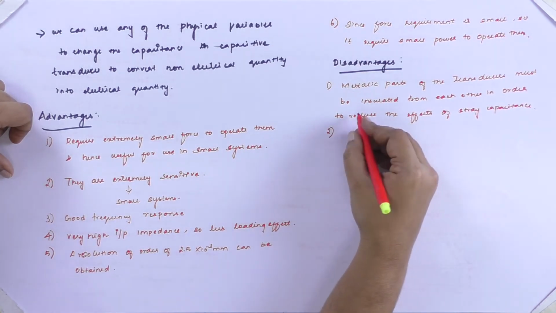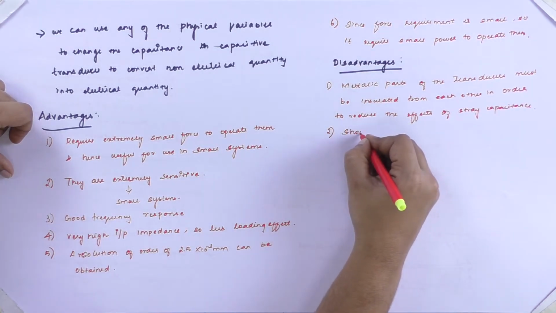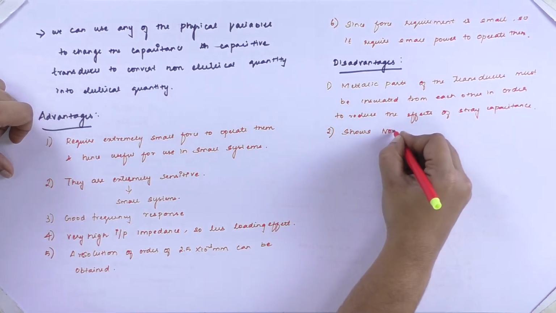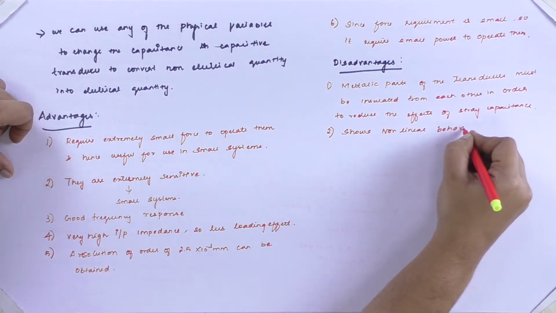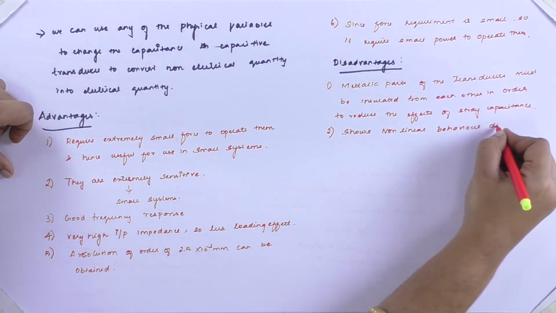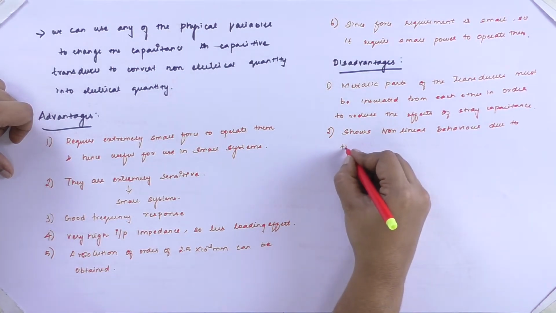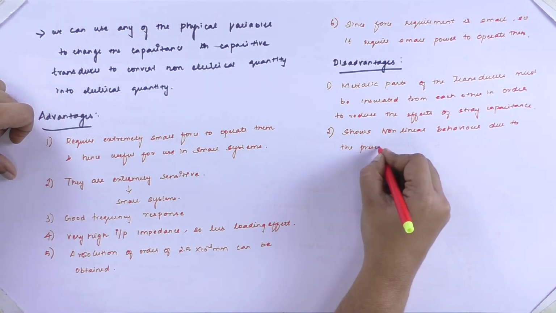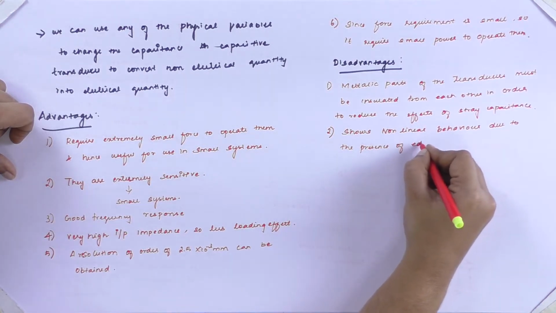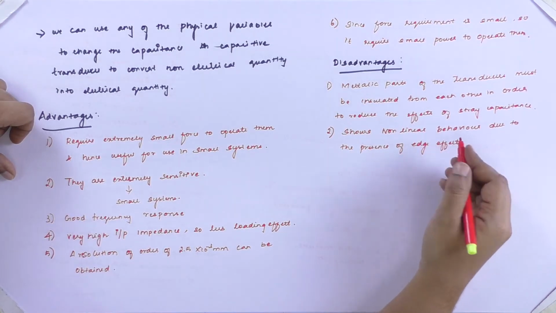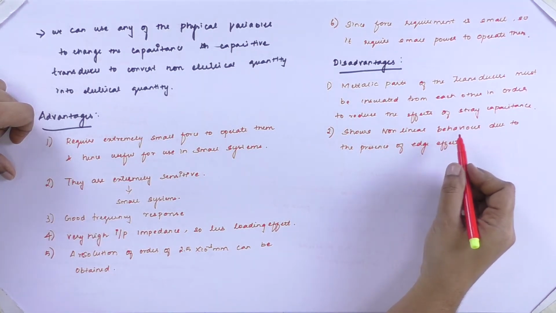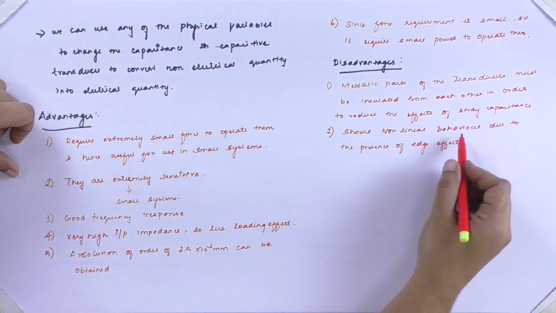The second one is the capacitive transducer shows nonlinear behavior due to the presence of edge effects. Due to the presence of edge effects, the capacitive transducer shows non-linear behavior.